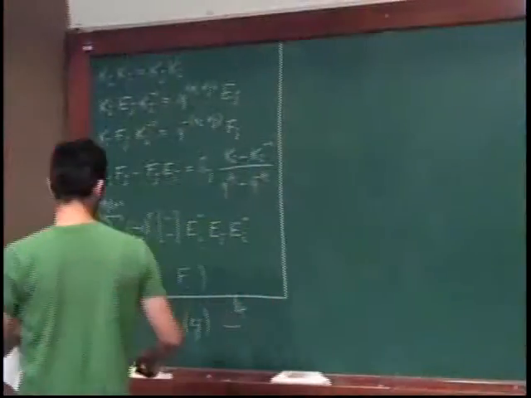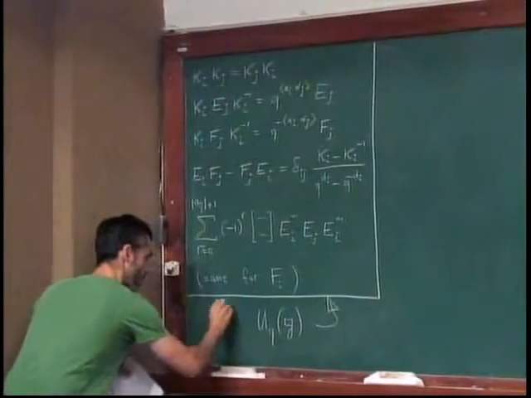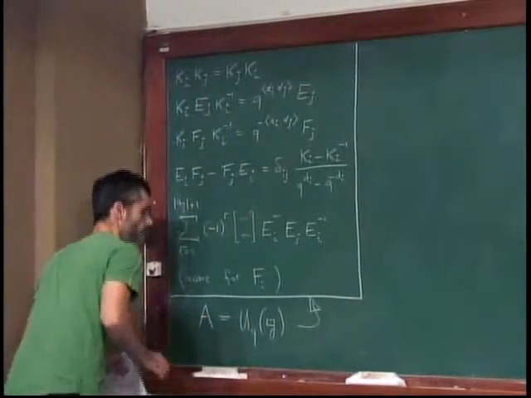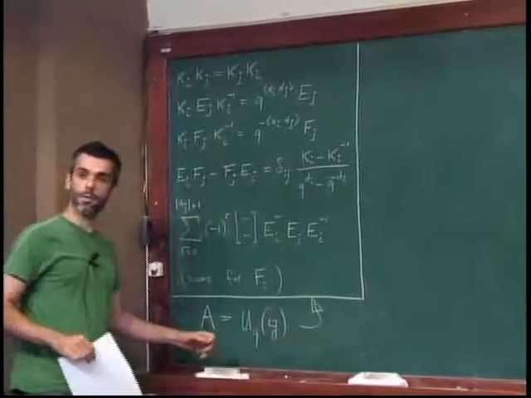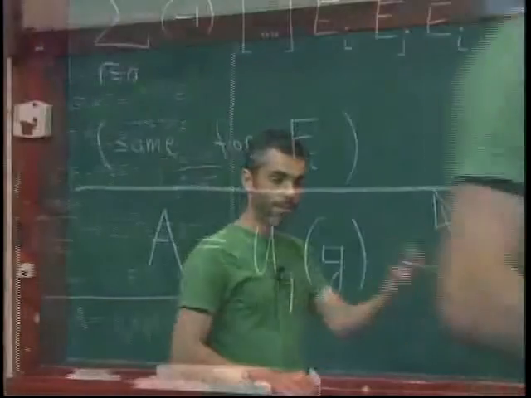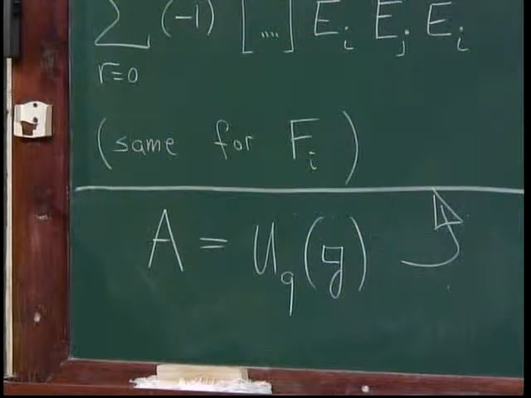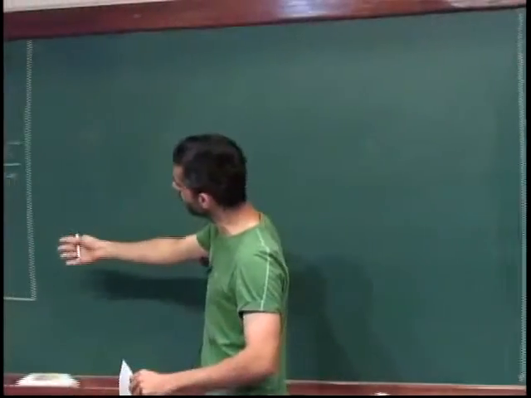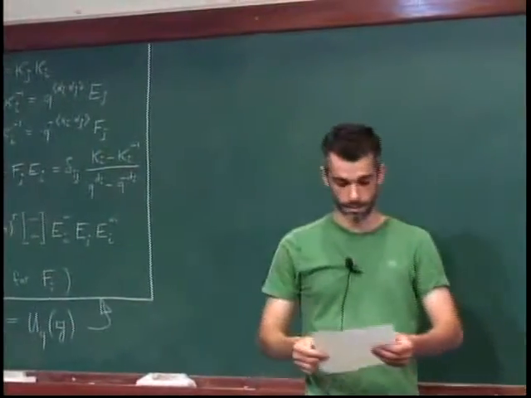That's what's going to ensure us, as Chris explained, that if, well, let me call it A for the moment, that A-mod, namely the category of A modules, is a tensor category. So far, there's nothing that tells us that it's a tensor category if you just give an algebra like that.